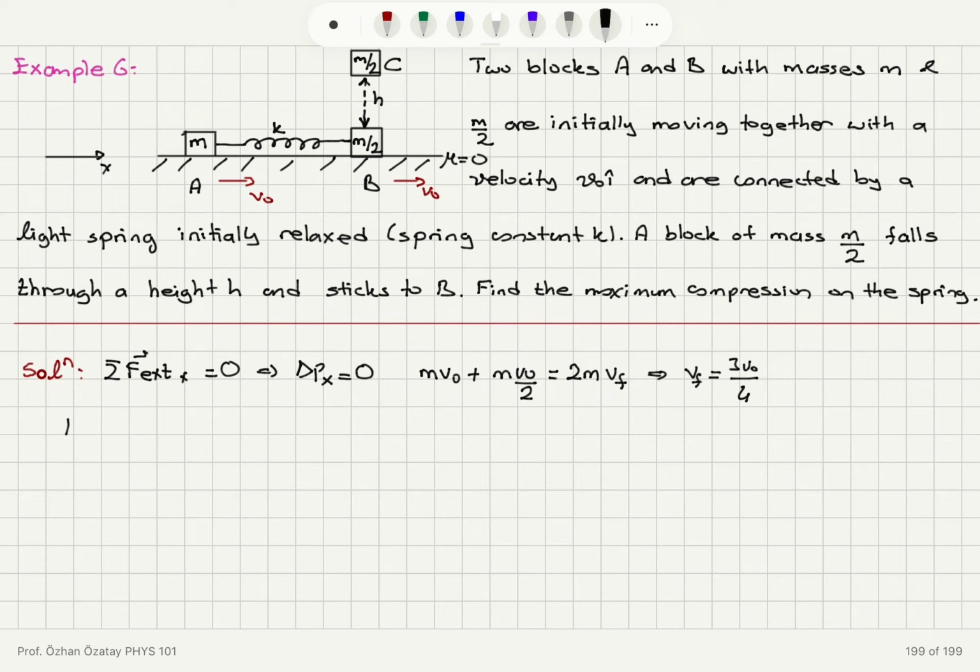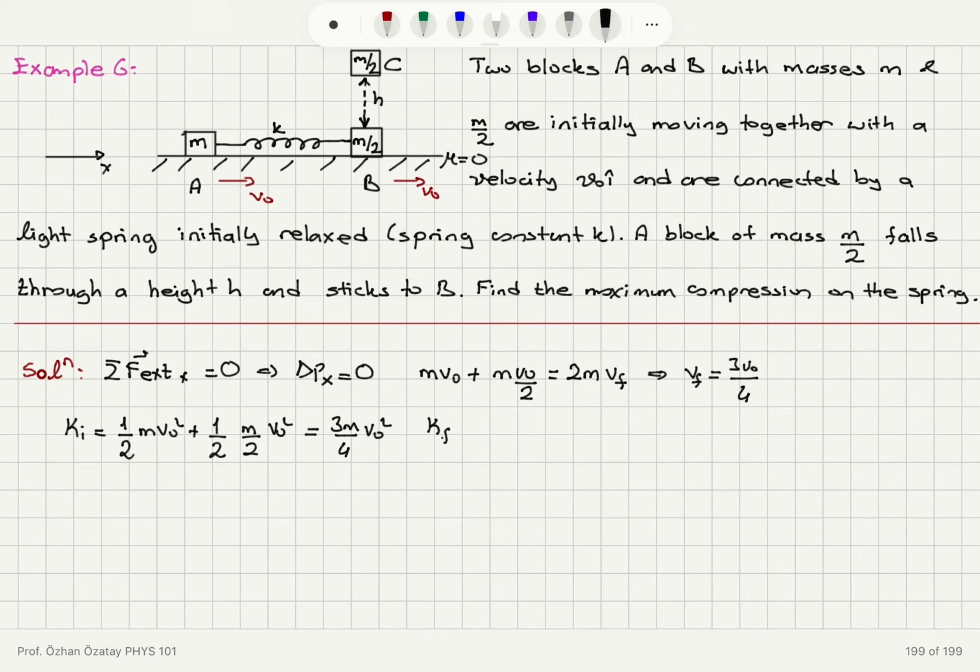Okay, so the initial kinetic energy I have here is 1/2 m v0 squared plus 1/2 m over 2 v0 squared. So this basically makes 3m over 4 v0 squared.